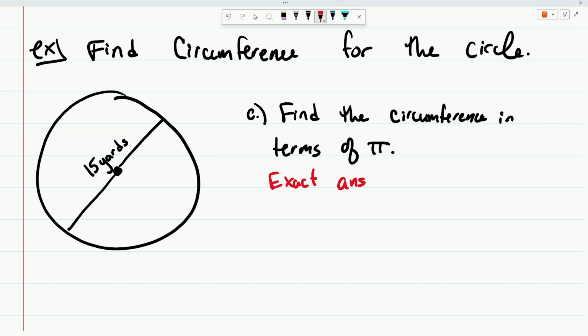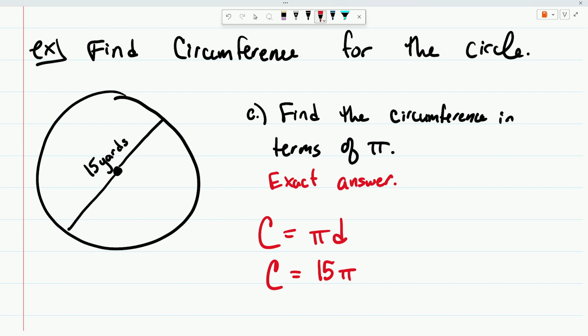Now, what this means is they are looking for what we like to call an exact answer. Meaning, when we go ahead and use our formula, in this case, I'm going to use C equals pi times the diameter. The only thing I'm going to do is make my substitution for the diameter. So circumference equals 15 times pi. All right, my diameter here is 15 yards.